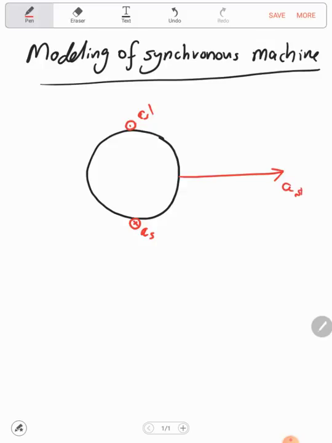In the same fashion, let's assume that here we're having the phase B. So this is the BS dash, BS, and this will be the phase BS, and let's assume this is the CS.